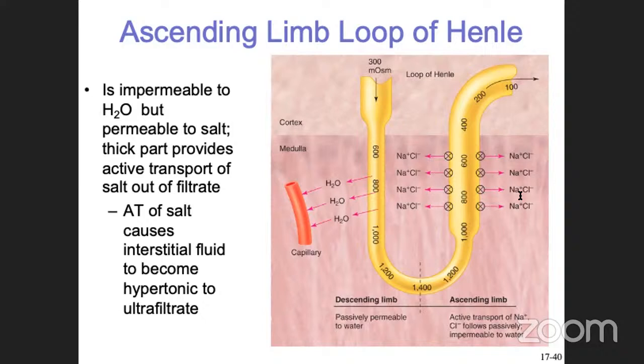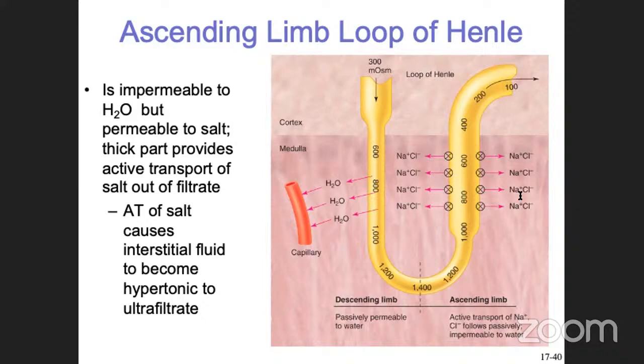So if I ask you what the difference is between the descending limb and the ascending limb, you can answer in terms of the osmolality of the dissolved particles, sodium chloride, or the concentration of water, or maybe the structure, or the permeability to water.